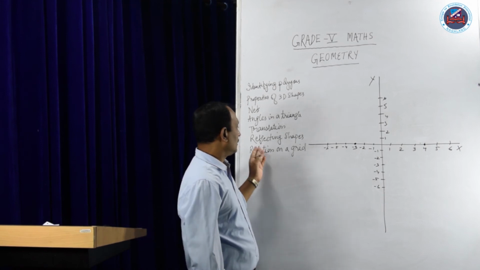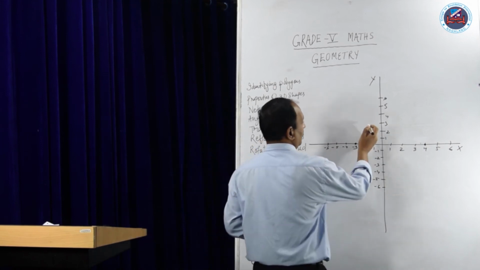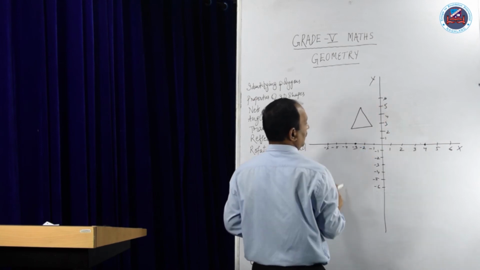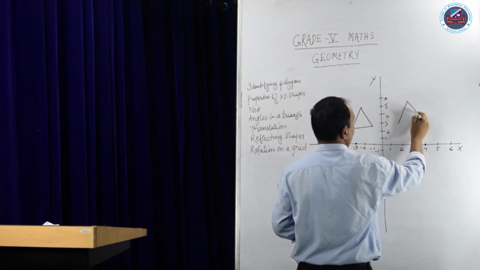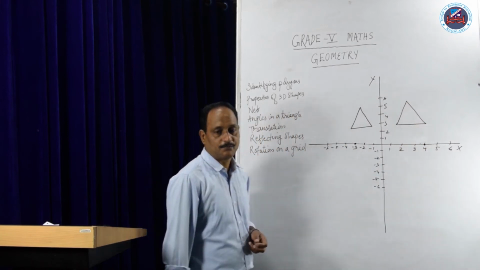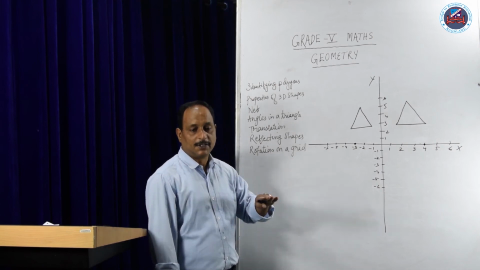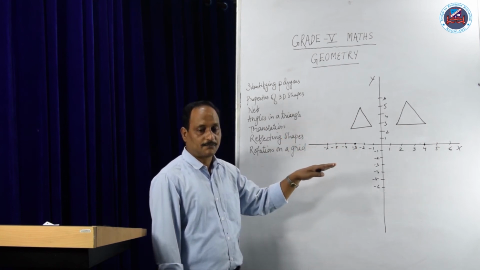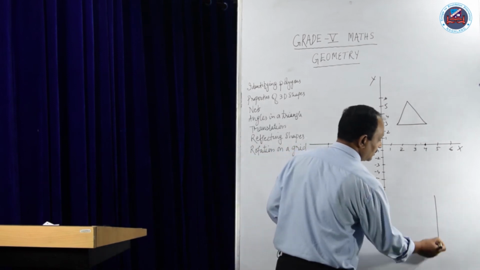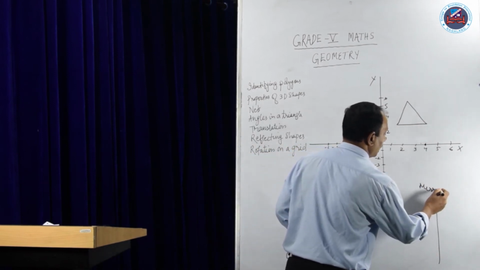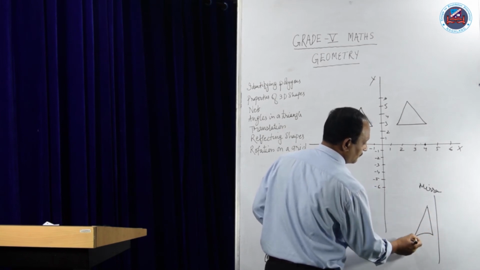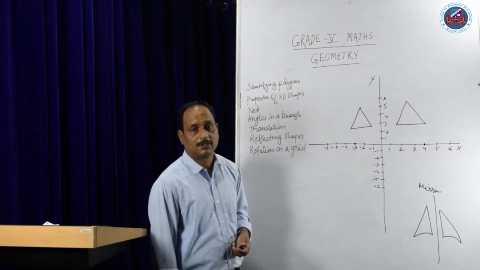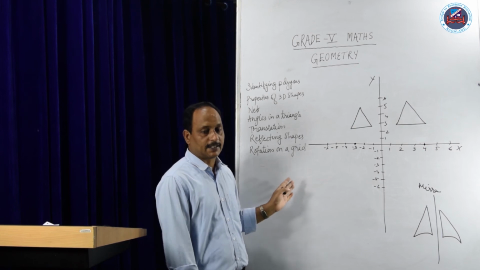Now if I am drawing a reflecting shape here at 5 and 3, in the same way here 5 and 3, it should reflect in the mirror. The same shape will be seen on that side also. If one figure is drawn in this form, the figure should be in that form on the other side. That is a reflecting shape.